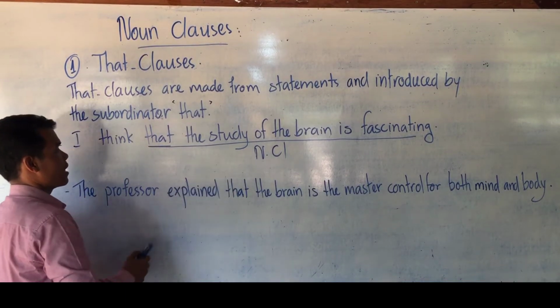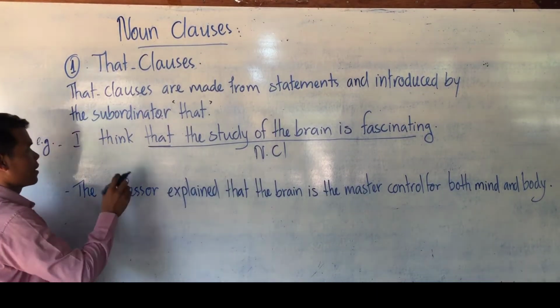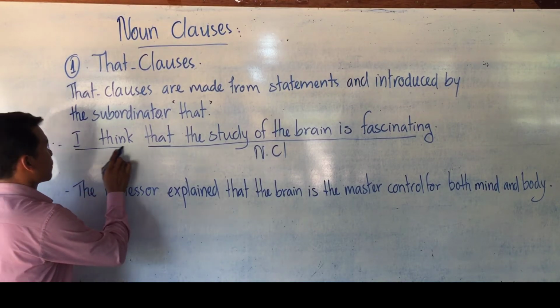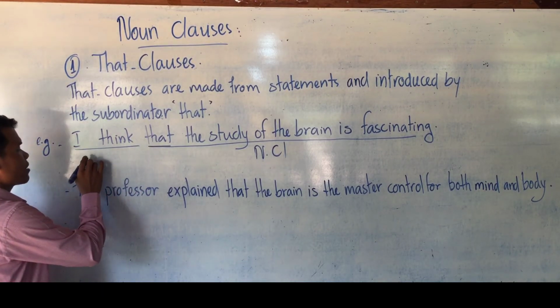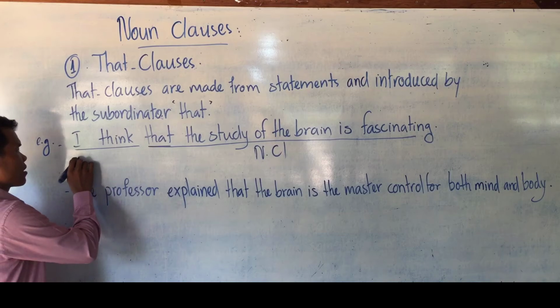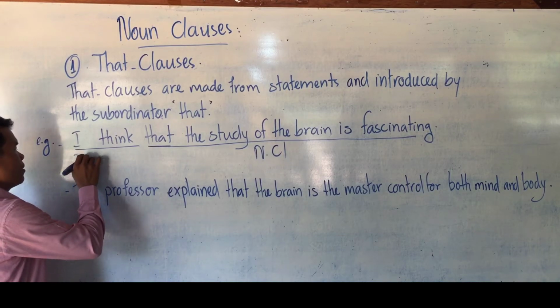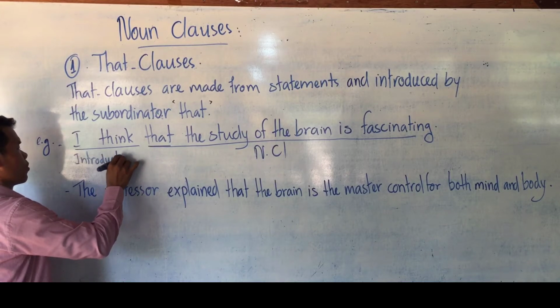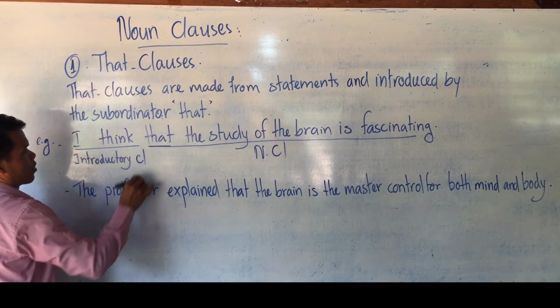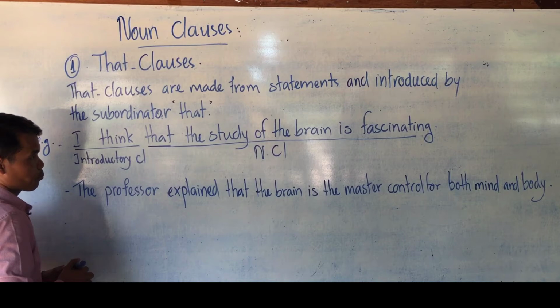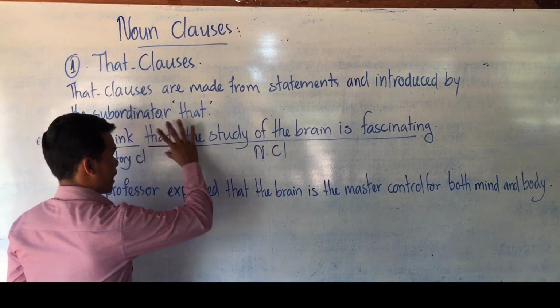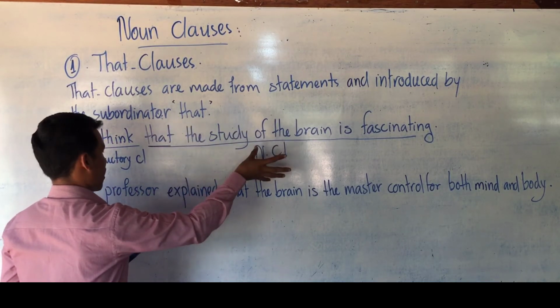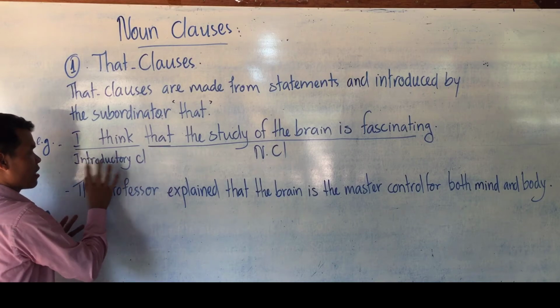So the noun clause here is the DC. How about I think? I think is called an introductory clause. So from that to fascinating is the noun clause. I think here is the introductory clause.